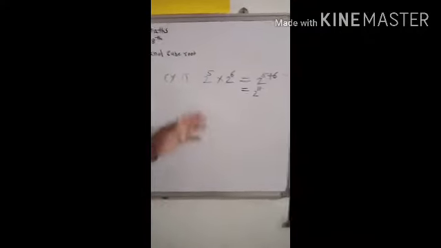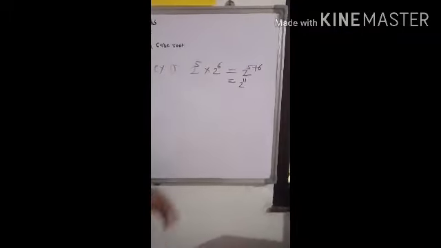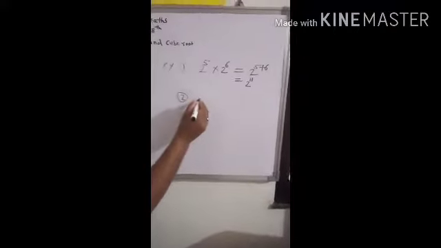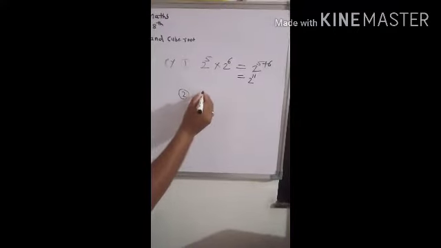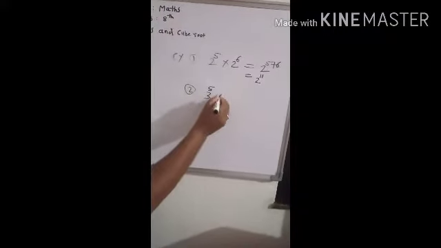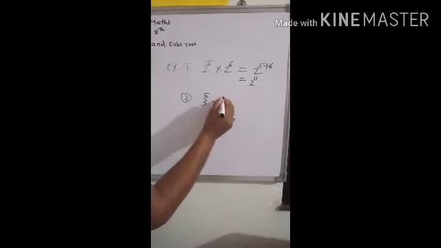So we get the concept of addition in the index form. Also, if the example is of a different type, suppose the base is 3, power is 5, into 3 to the power minus 4.